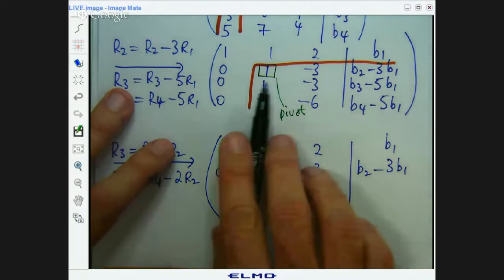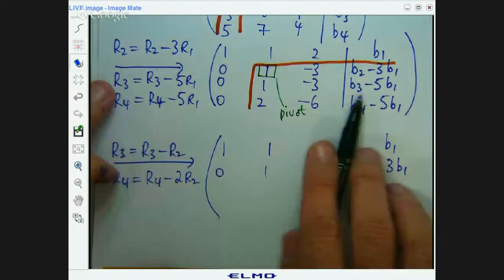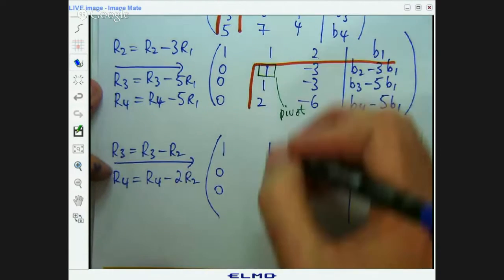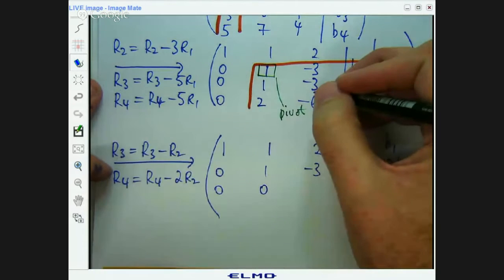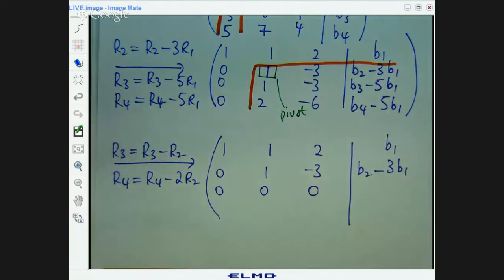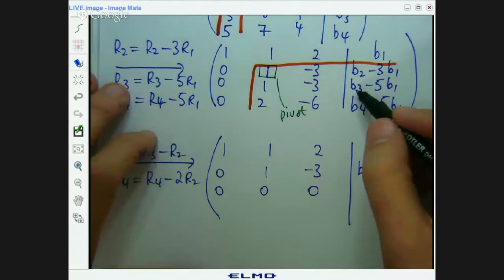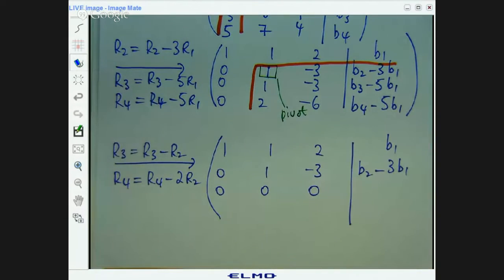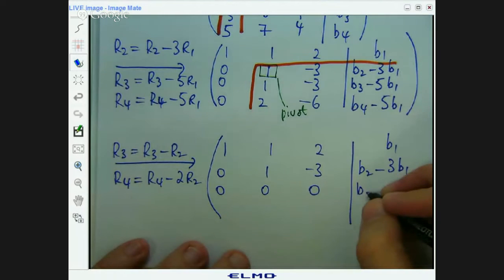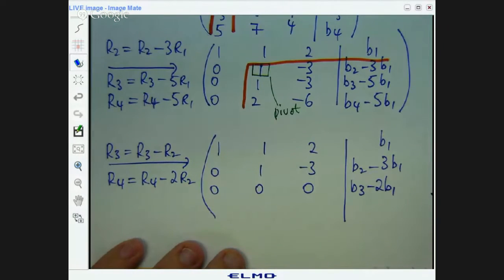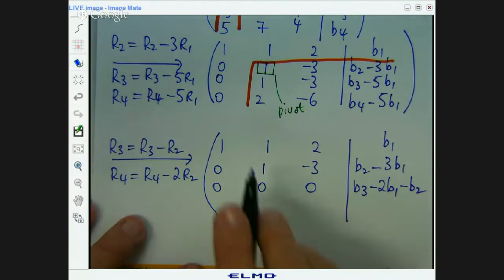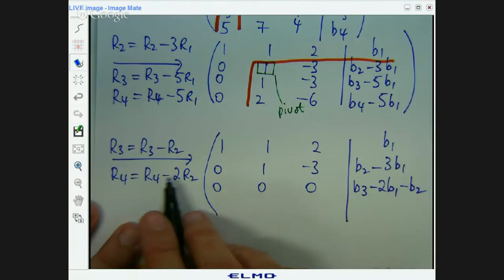All right, so now this row 3 equals row 3 minus row 2. So we'll get 1 minus 1, negative 3 minus negative 3. So that's negative 3 plus 3. And then we get B3 minus B1 minus B2 plus 3B1. So we'll get the following. B3 minus 2B1 minus B2. And lastly, row 4 equals row 4 minus 2 row 2.